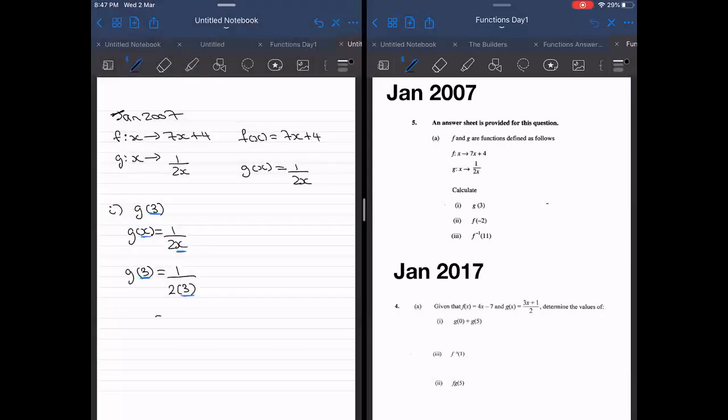Right, and we spoke about that numbers beside each other mean multiplication, so 2, 3 means 2 times 3. So your answer for that first one should be 1 over 6. Right, simple, simple.